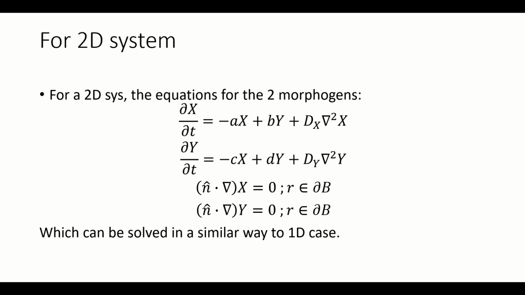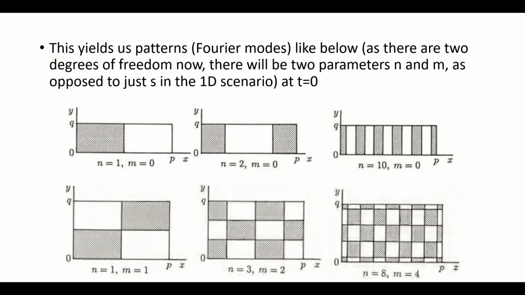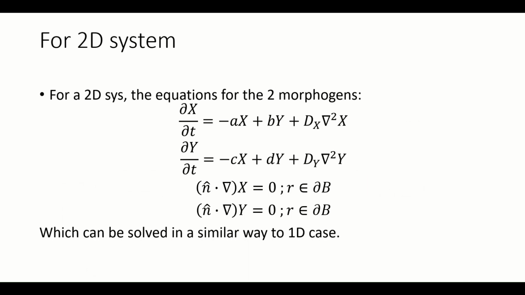Why? Because now you apply separation of variables twice instead of once. There we had applied separation of variables once to get the spatial term and the time term. Now you will apply it once to get the time and spatial terms again, but now you'll split the spatial term again to get the x-dependent function and the y-dependent function.